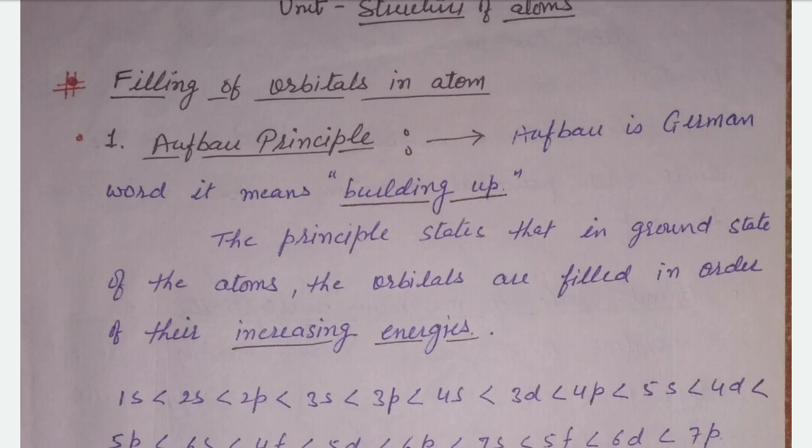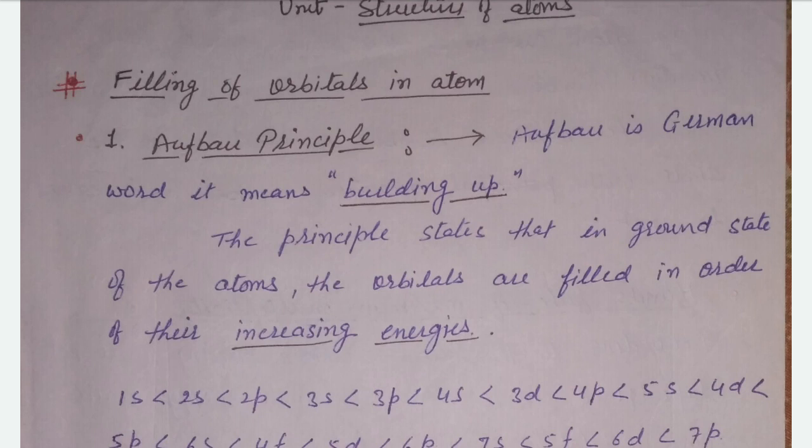Building up. It can be defined as the principle that in the ground state of the atom, the orbitals are filled in order of their increasing energies. Ground state of the atom means the actual energy state.